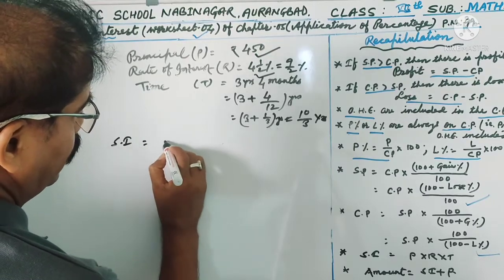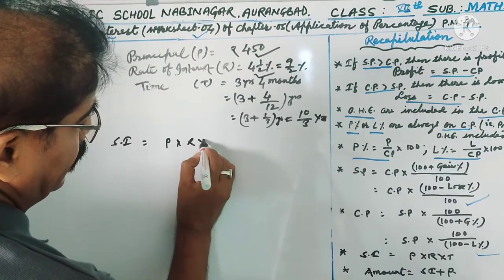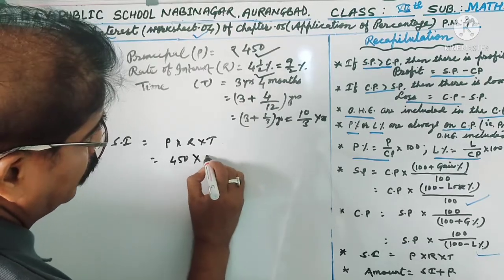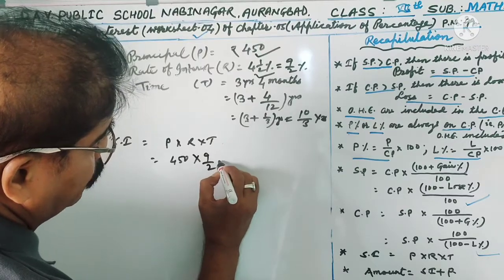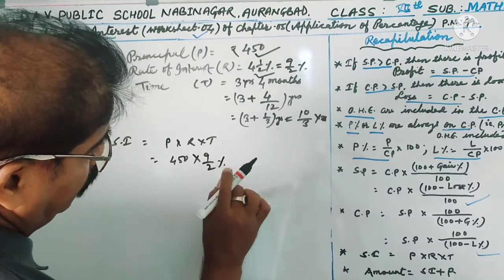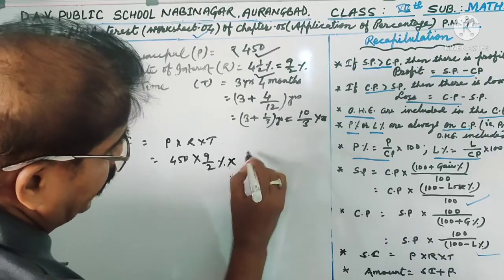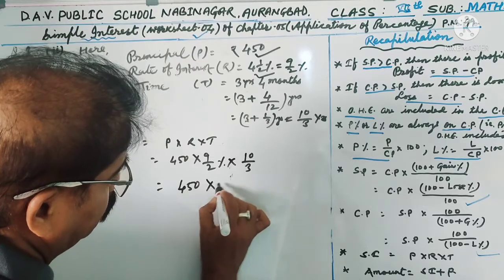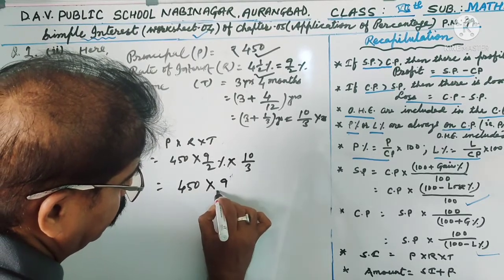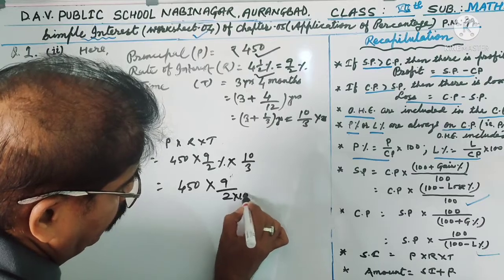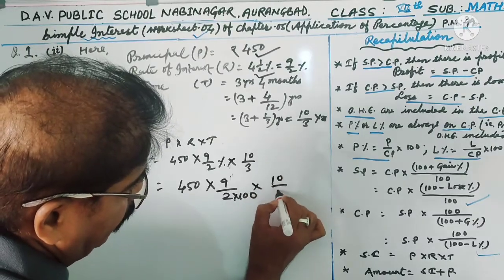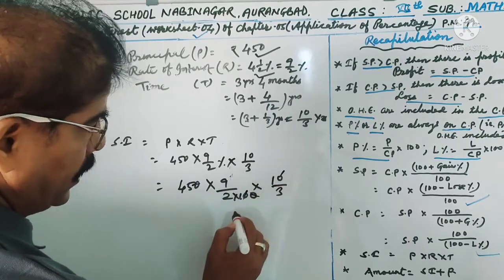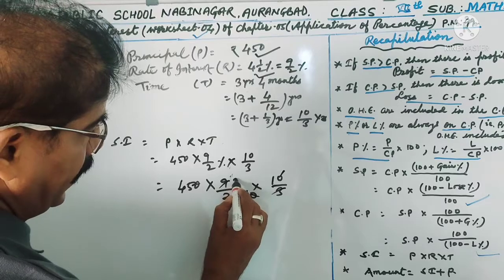Now you find SI. SI equals PRT, that is P equals 450, R equals 9/2%, and T equals 10/3 years. That is 450 into 9/2 into 1/100 into 10/3. Zero cancels, zero cancels, 3 ones are 3, 3 threes are 9.